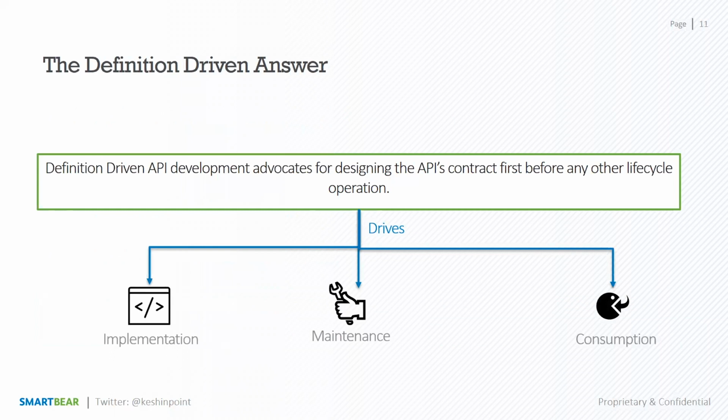See, in the definition-driven approach, you're actually putting yourself in the end consumer's shoes first. And this end consumer, again, I'm putting this out there, it's not just external consumer. It could also be an internal developer as well, right? You put yourself in the end developer's shoes and essentially design the API's interface first before you do any other function, right?